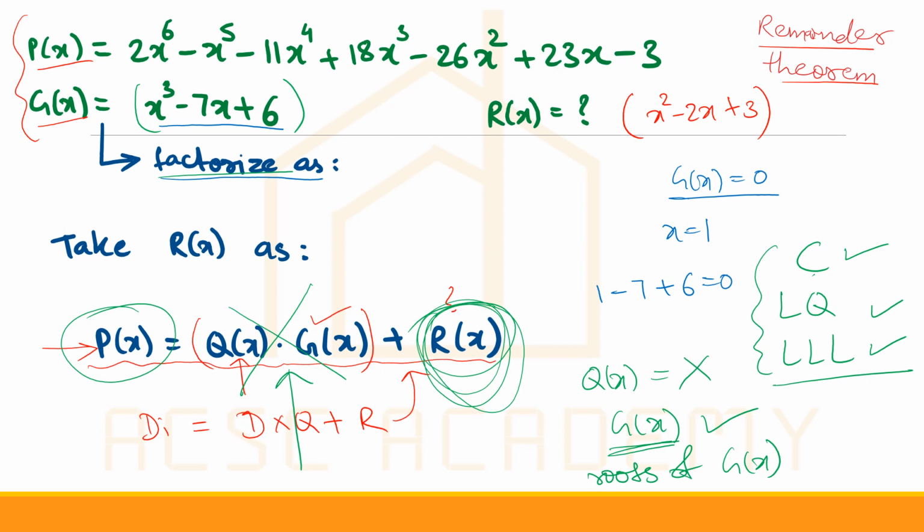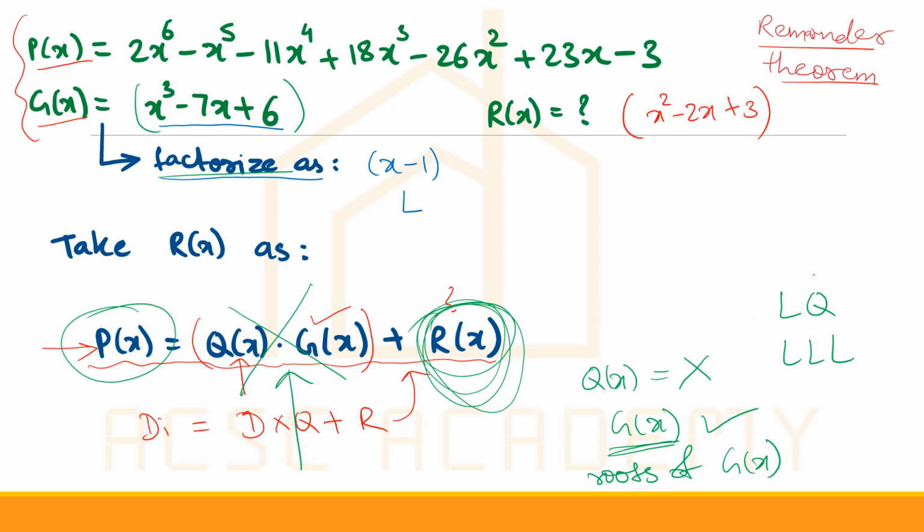So we have already found one root, that is 1, which means a linear term. So we have got one factor of g of x. Now what will be left out? In general, how do we factorize a cubic polynomial? First, we use the hit and try method, which means we try to substitute different values of x, whether it be 0, 1, minus 1, like that.